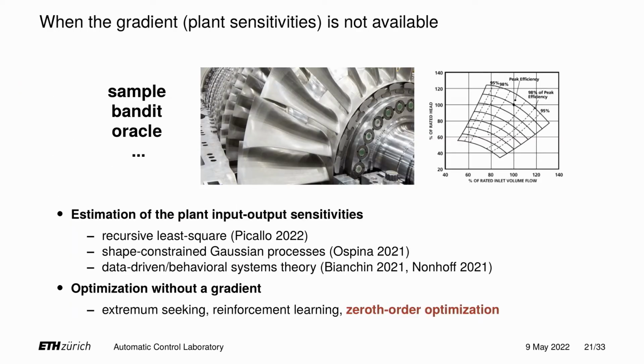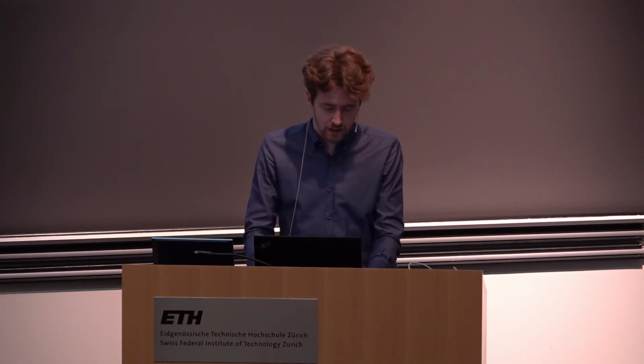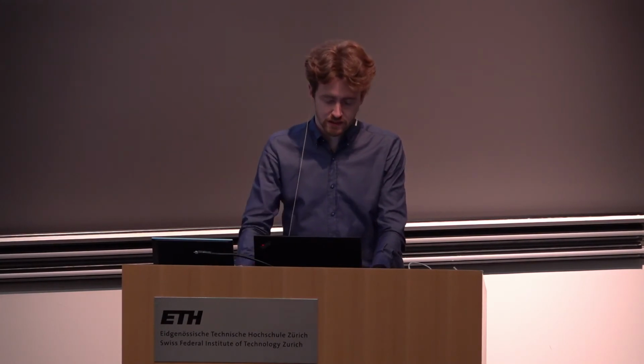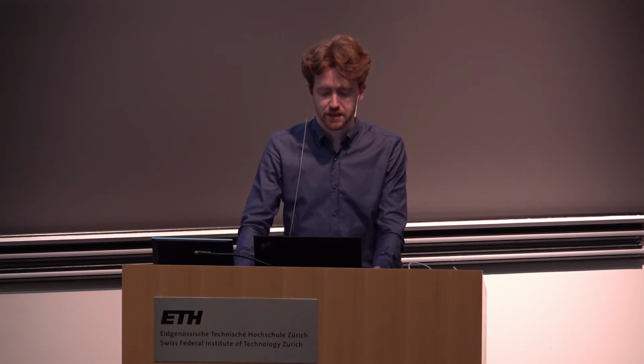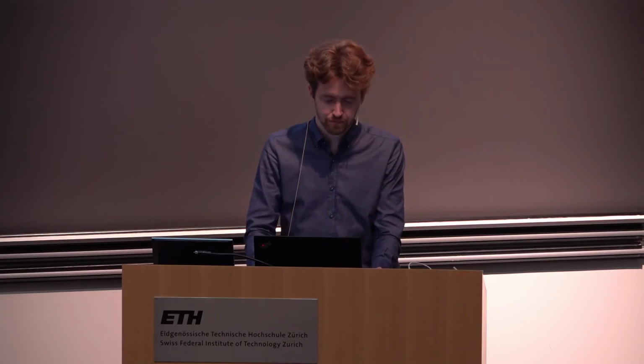Okay. You can use a recursive least squares. That's something we have attempted. There's been some recent work about using shape-constrained Gaussian processes because the derivative being a Gaussian process allows you to, for example, enforce convexity. There's been some recent efforts to use data-driven or behavioral systems theory to estimate these sensitivities, right, from data.